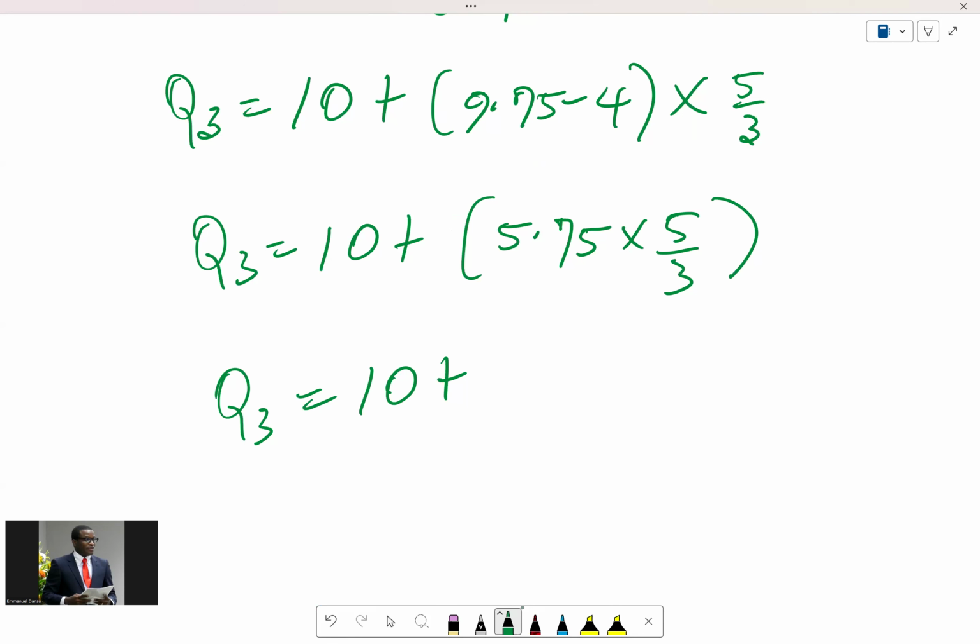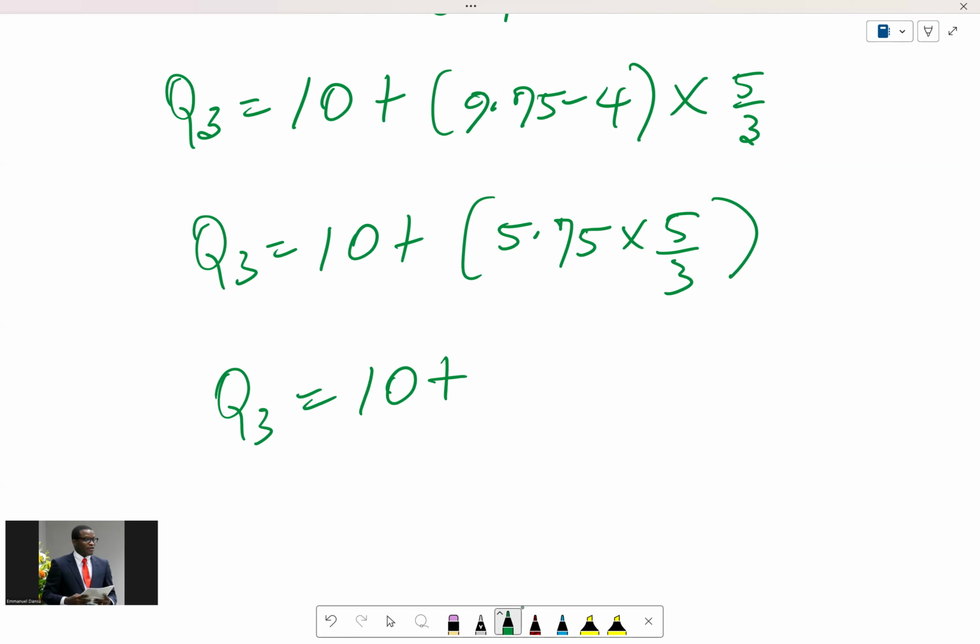Let me take the pen to be sure everything is in order. So 5.75 times 5 divided by 3.